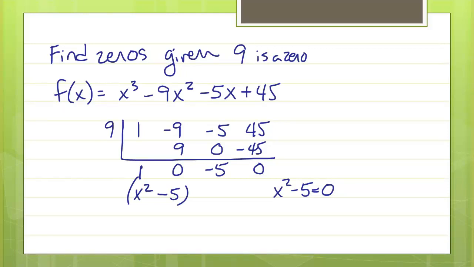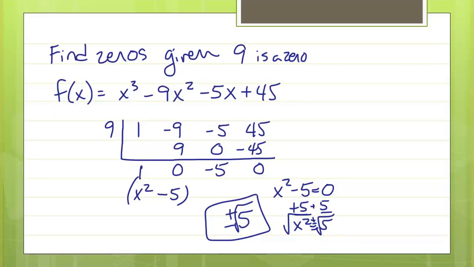I could put it in quad formula, but again, remember, it's way easier when you have this kind of thing to just take the square root of both sides. Don't forget your positive and negative. So my answers are going to be positive and negative square root of 5. So you're not going to always have nice pretty numbers. You might have radicals. We'll get down to it. You might have i's. I don't think you have any today. But radicals are fair game. So those are the two zeros besides the third zero that they gave you to start with.